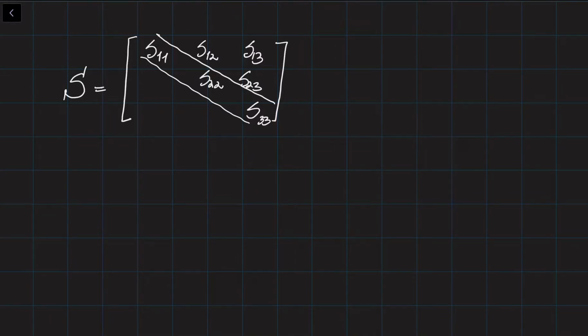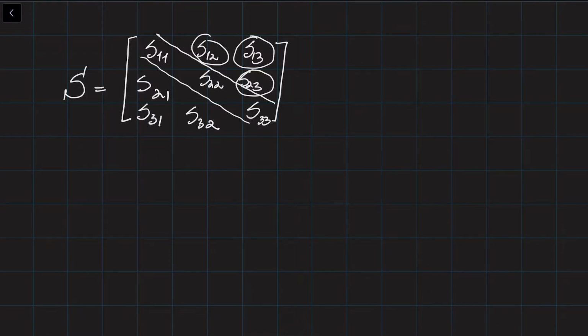For example, this entry S1,2 and this entry S2,1 are going to be equal. This entry S1,3 is going to be equal to S3,1. And this entry S2,3 is going to be the same as S3,2. So this matrix is called symmetric if the corresponding entries below and above the diagonal are the same.